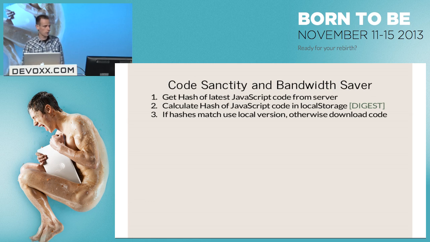So how could we do that? We could get a hash from our server that says this is the hash of the JavaScript file. Then we retrieve the JavaScript from our local storage and use a digest function to calculate the hash. If the hash is the same, we know it's the same version of the JavaScript, so we can safely run it. If it's not the same hash, then we just fetch it from our CDN.